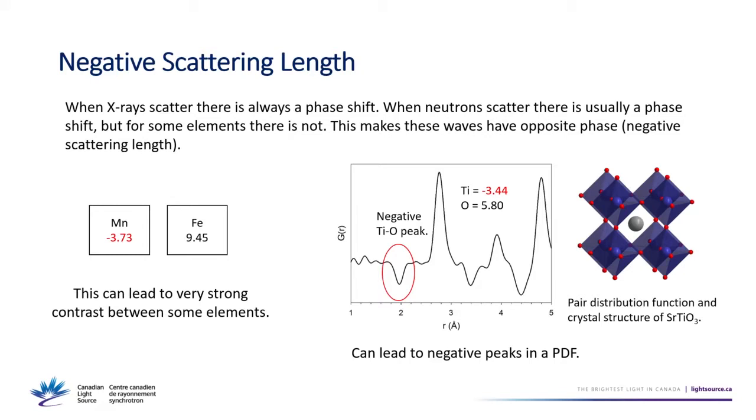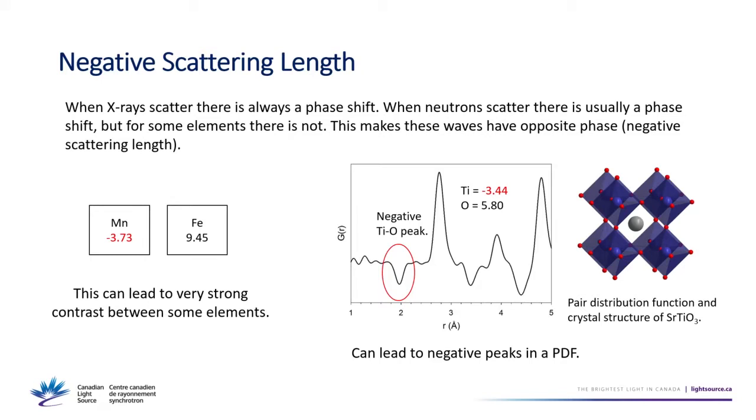This can be very useful because it gives you a lot of contrast. You can see here manganese is one of those elements with a negative neutron scattering length. With X-rays, you're not going to tell the difference between manganese and iron, but with neutrons, you can tell them apart very well because iron has a large positive scattering length and manganese has a negative one.